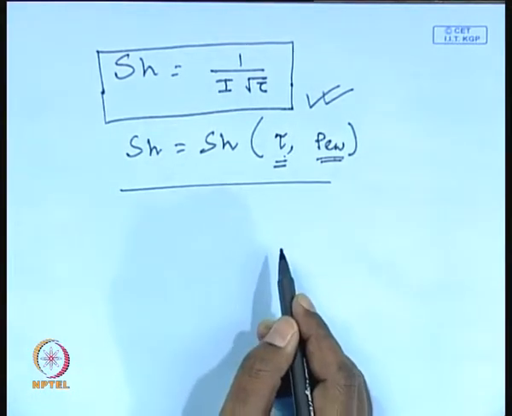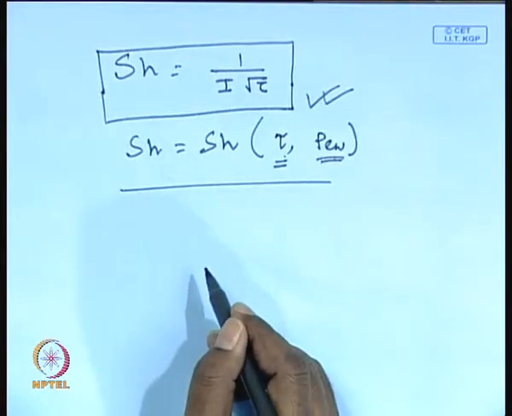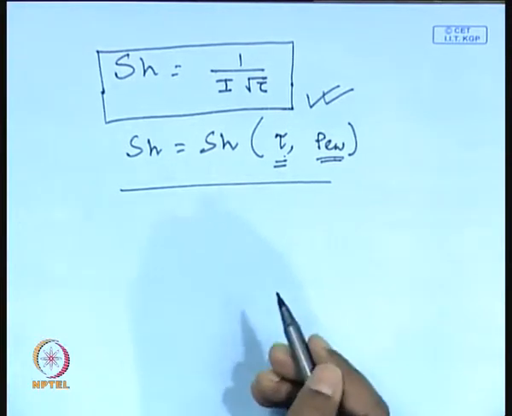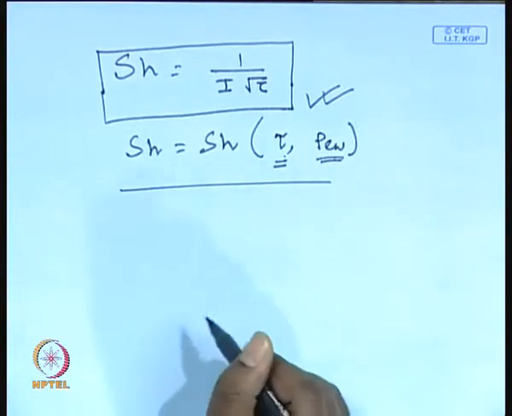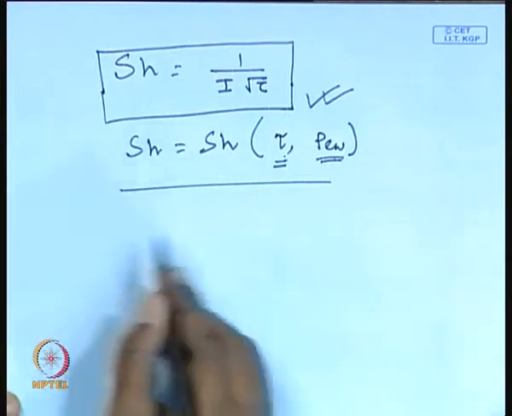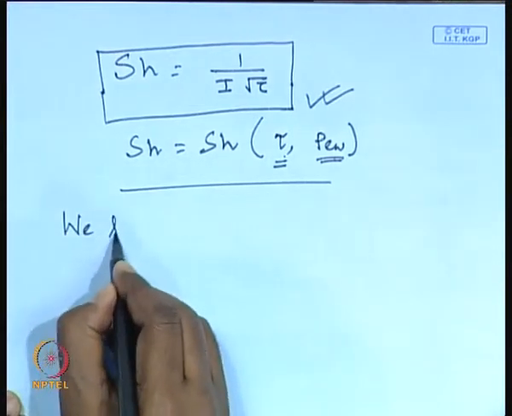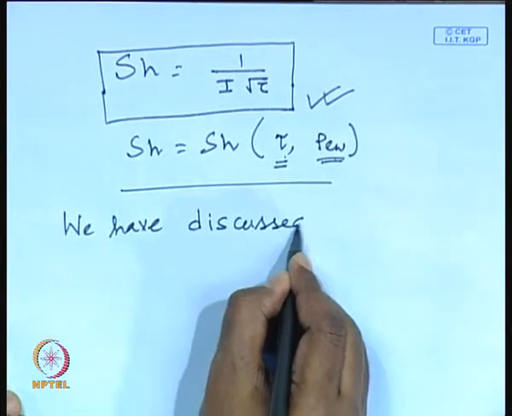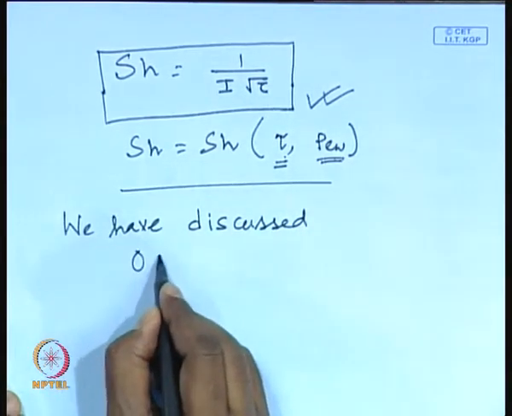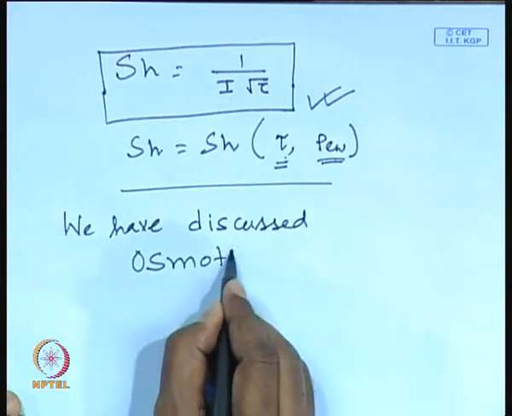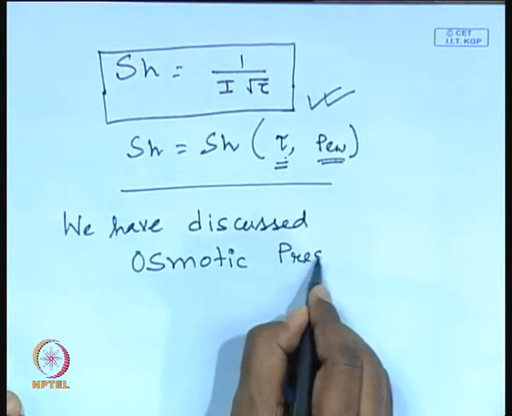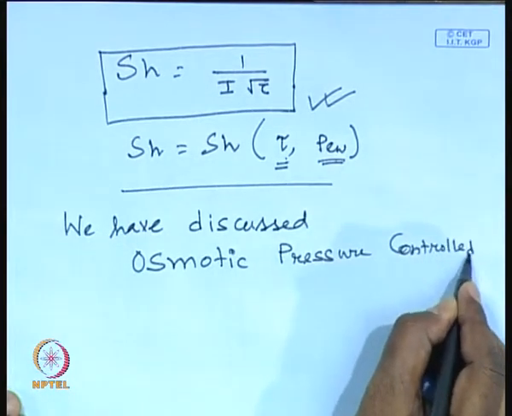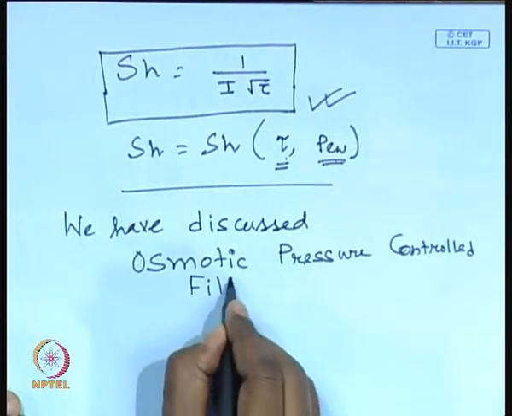Okay. So, that completes the modeling part and calculation part of the osmotic pressure controlled unstirred batch cell. So, let us try to summarize whatever we have done till now. We have discussed osmotic pressure controlled filtration.